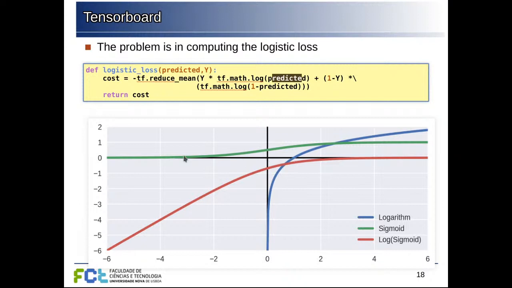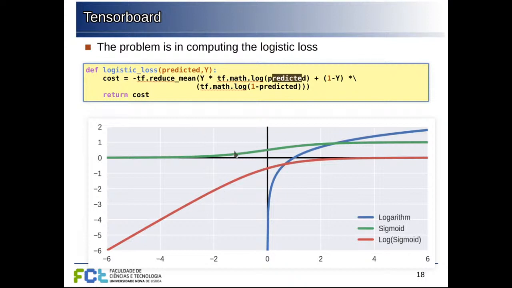And we cannot compute the logarithm of negative numbers or 0. The sigmoid function will never reach 0. It will approach 0 with very, very small numbers. And when we do the logarithm of the sigmoid, we should get a function that is approximately like this. It tends to go linearly towards minus infinity, so it should be well behaved.